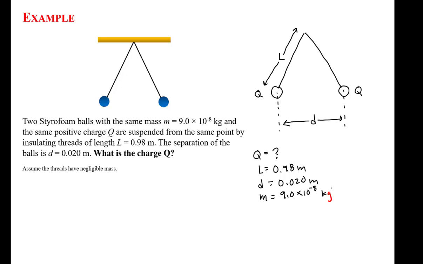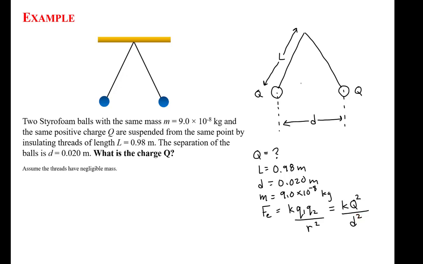Since they are charged particles, we know that the Coulomb force between them is equal, in magnitude, to k times the product of the two charges divided by the distance between those charges squared. Well, in our problem, the charges both have charge capital Q, so this will be Q squared over the distance between the charges, d. So this connects us. This force right here has Q in it.